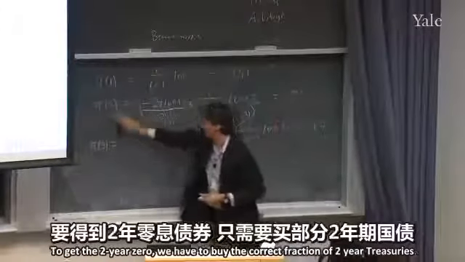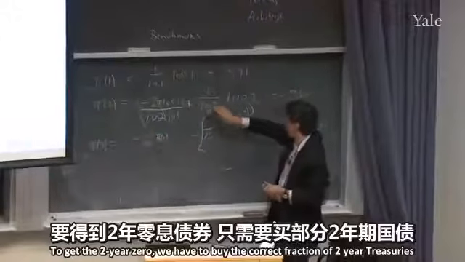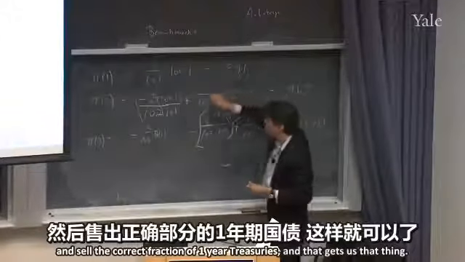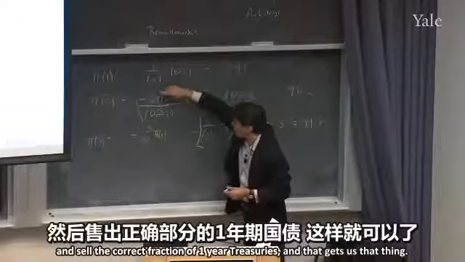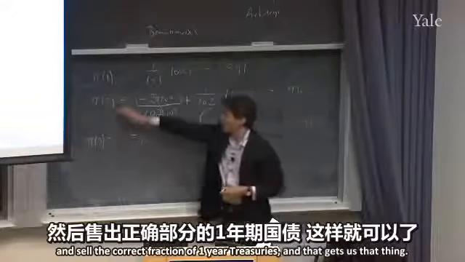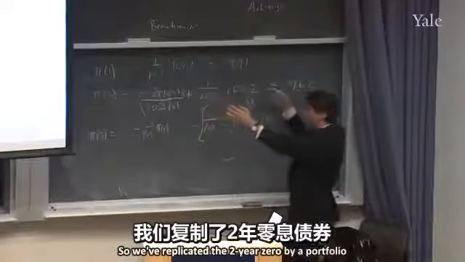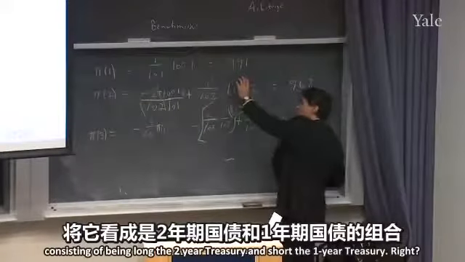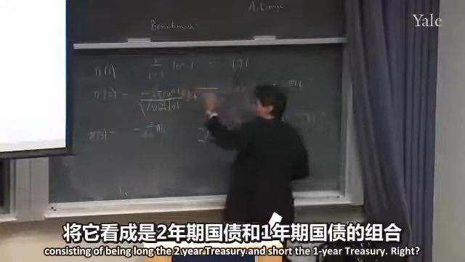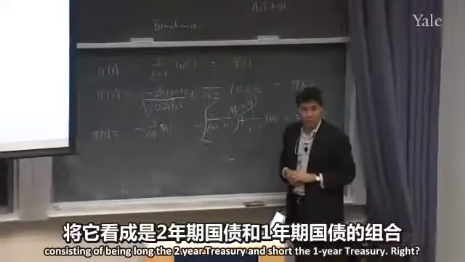To get the 2-year zero, we have to buy the correct fraction of 2-year treasuries and sell the correct fraction of 1-year treasuries. And that gets us that thing. So we've replicated the 2-year zero by a portfolio consisting of being long the 2-year treasury and short the 1-year treasury. Right?